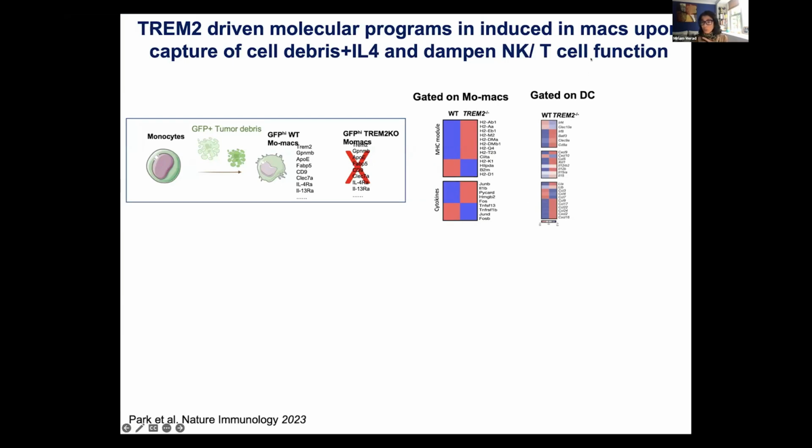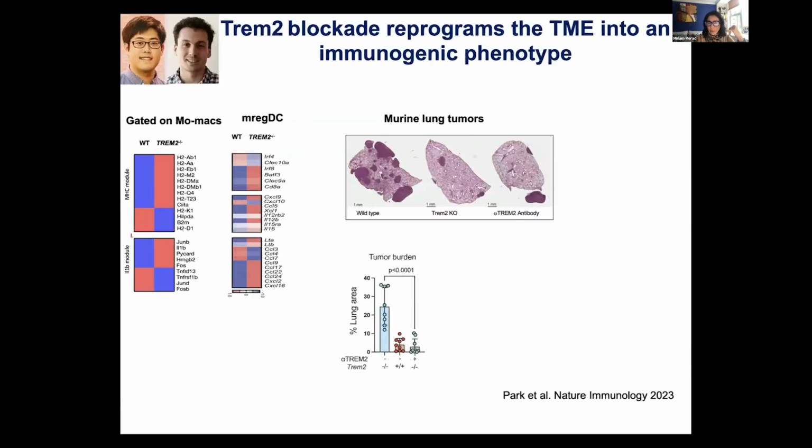These specific DCs that do not express TREM2 were also more immunogenic, maybe because they were producing inflammatory cytokines in this new state where they lost TREM2. We also saw a strong reduction of tumor progression in these mice in which TREM2 is knocked out.